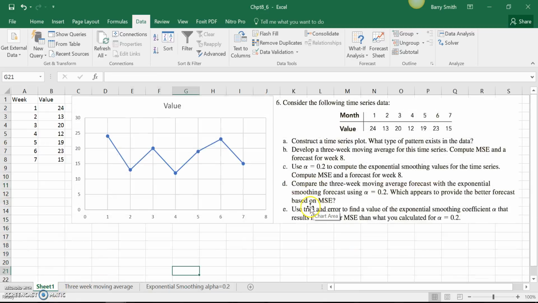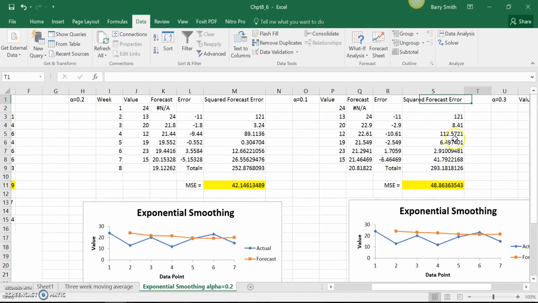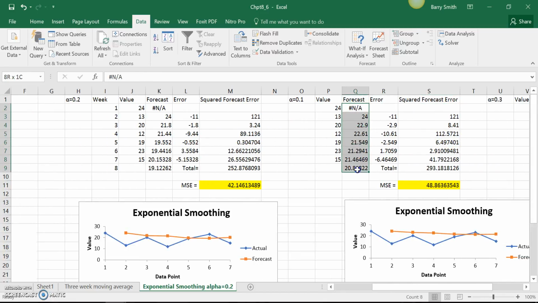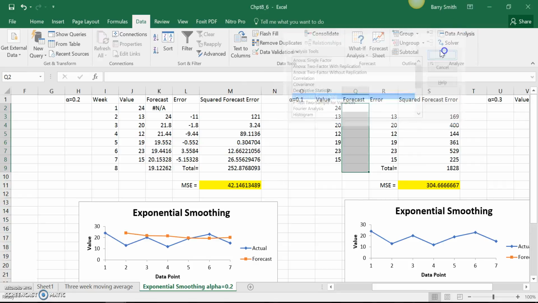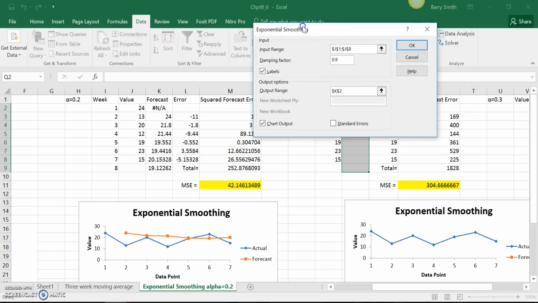Now the next part they ask us is to use trial and error to find a smoothing coefficient alpha that gives a smaller MSE than what you calculated for the 0.2. Well, all we have to do is start plugging in values, like 0.1, and we're going to go in here and say data analysis, exponential smoothing. Now for 0.1, that's going to be a 0.9.